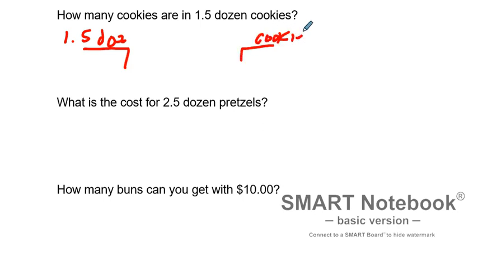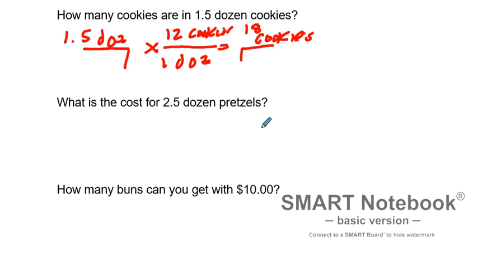So we're going to use a bridge method, and it's going to be a one-step question here because the word dozen is in our question, and I know that there are 12 cookies per 1 dozen, so I multiply it by that ratio, and 1.5 times 12 gives me 18 cookies.